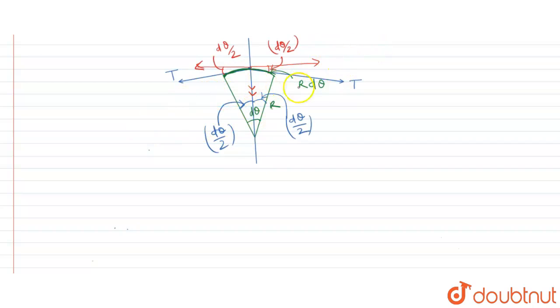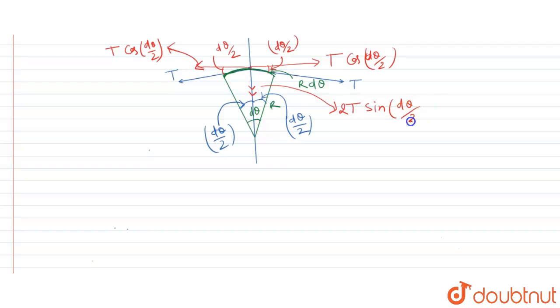So let me write one by one. This will be T cos of d theta by 2. Similarly, this component will also be T cos of d theta by 2, and toward this direction we have 2T sine d theta by 2.